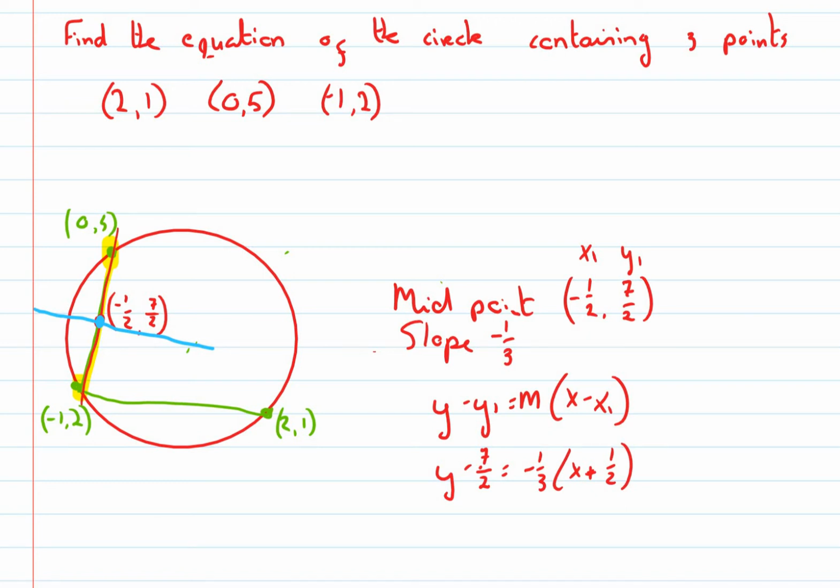When you work all of that out, you will get an equation of x plus 3y minus 10 equals 0. So there is the equation of the blue line.